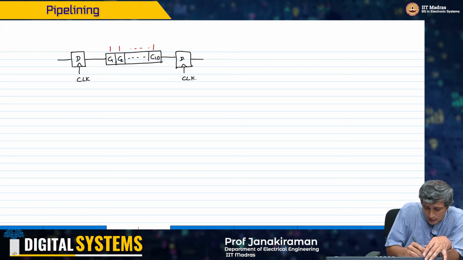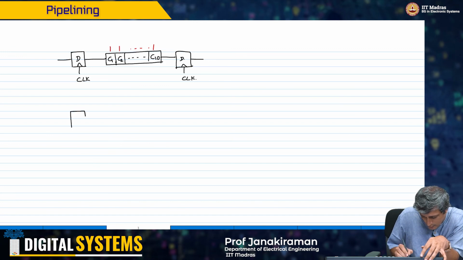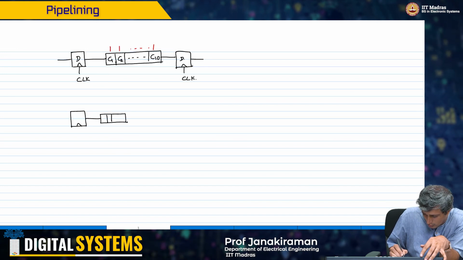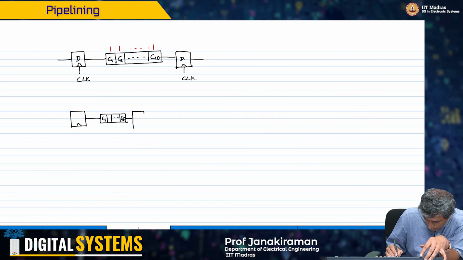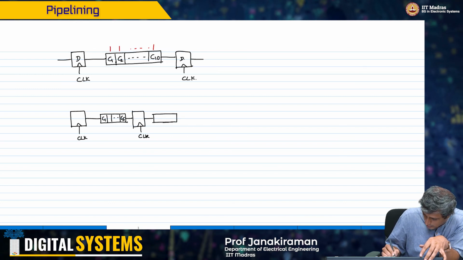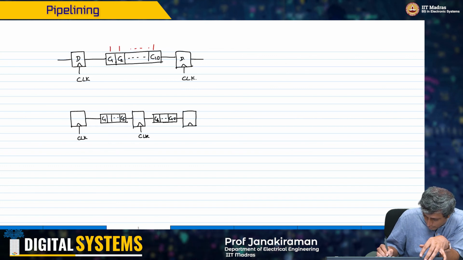Now we are saying you take this and you break it like this. Right, 1, 2, 3, 4, 5, C1 to C5, and add another flop here, a pedestal here. Again, this is C6 all the way to C10, and you come out of this clock here.